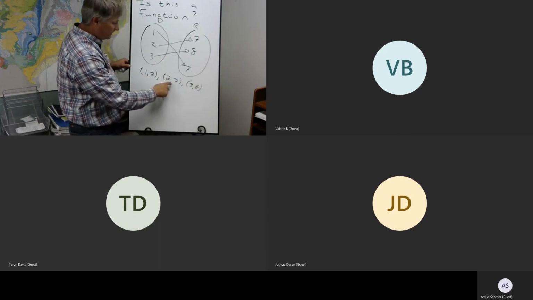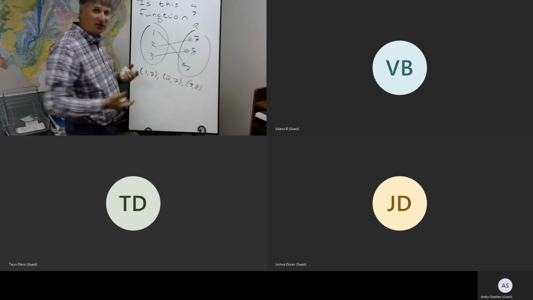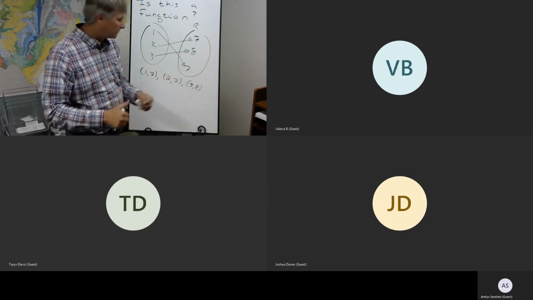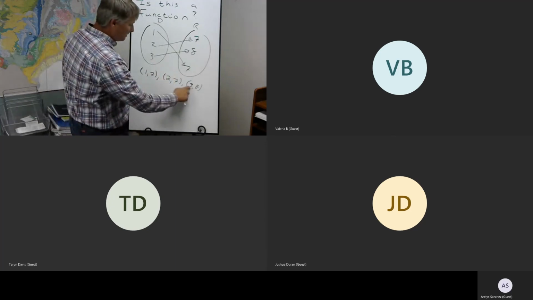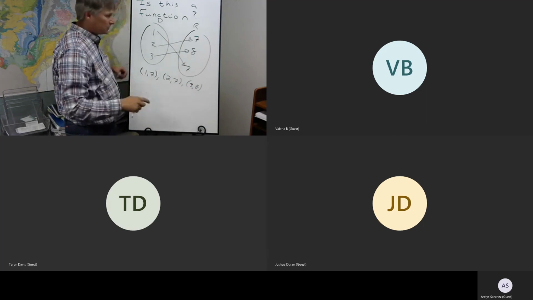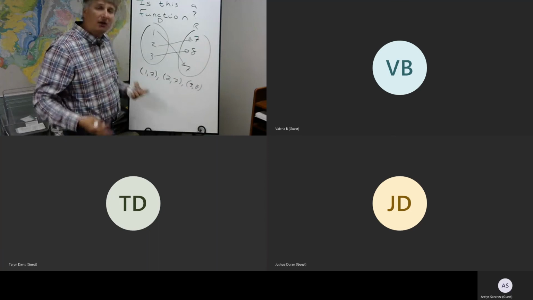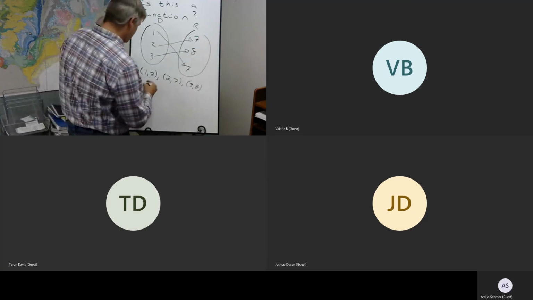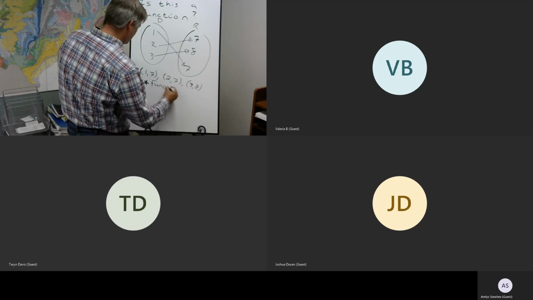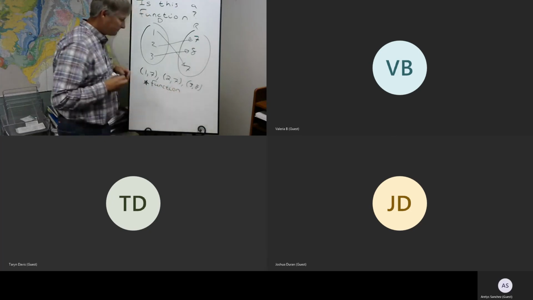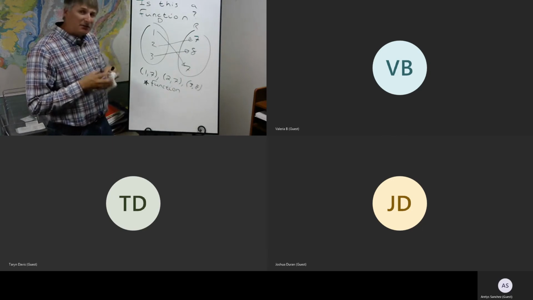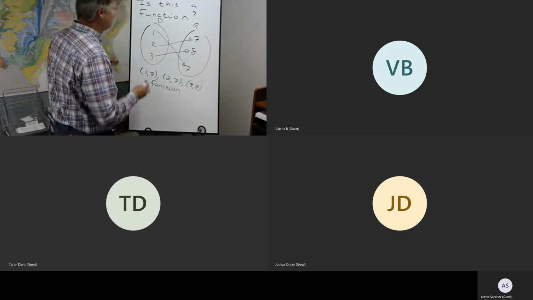The second 7 gets a 2. The first and the second 7 have different inputs. That's fine. That's what we want. And this 8 has an input of 3, which is not 2 and not 1. So all the inputs are different. Because all the inputs are different, this is a function. Now let's say I change things a bit.